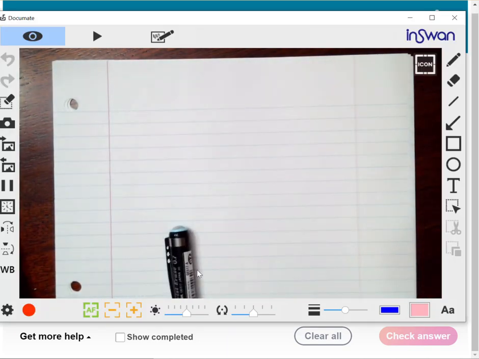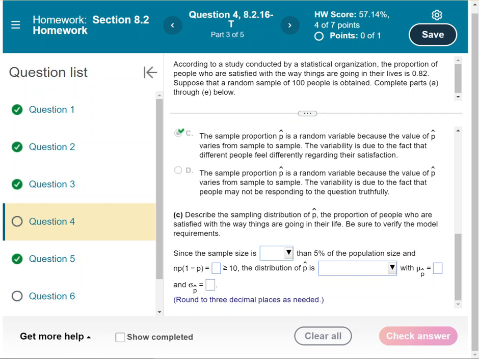And actually, I should have written down the numbers first. Let me do that. So our sample size is 100. It doesn't really tell us what the population is. So I don't know, we're looking at the population of the US or the population of Texas, but we can assume it's going to be a pretty large quantity.